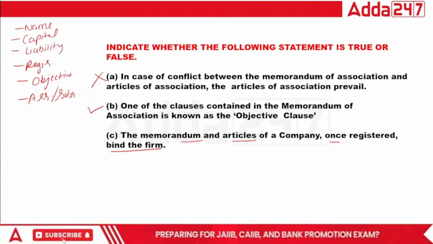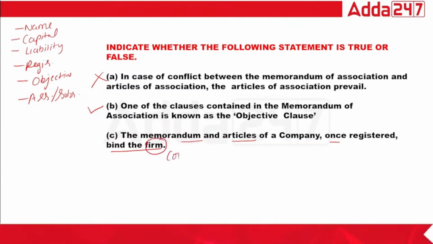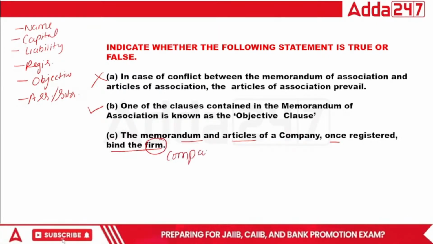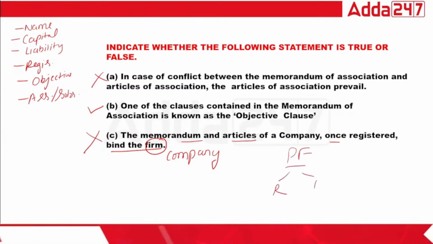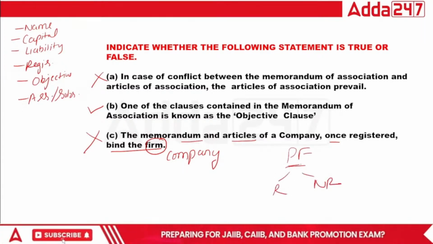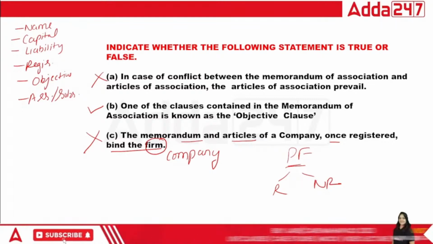So the memorandum and articles of a company, once registered, bind the firm. The answer is not firm, but it binds the company. So this is wrong. Because the firm, we know that in a partnership firm, it may be registered or not registered. It is optional for the partnership firm to be registered or not registered. That's it.